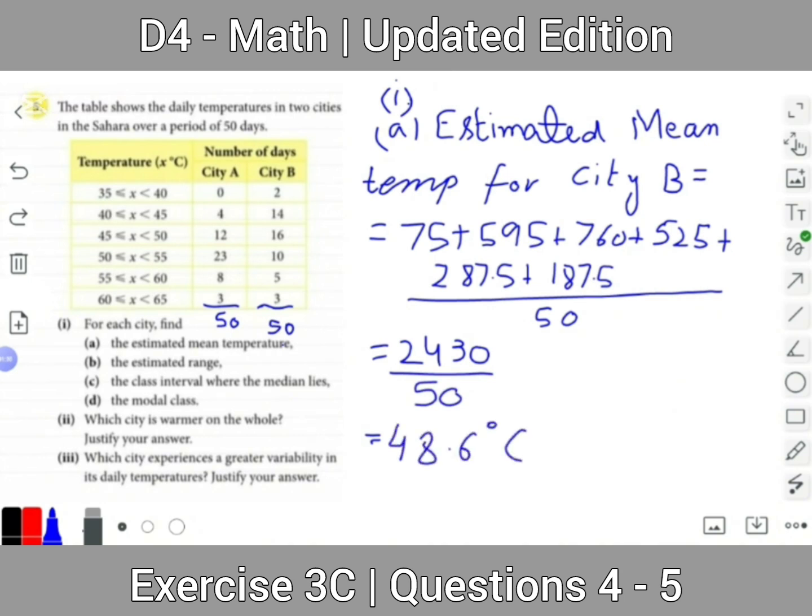So the estimated mean temperature for city B is equal to 48.6 Celsius.